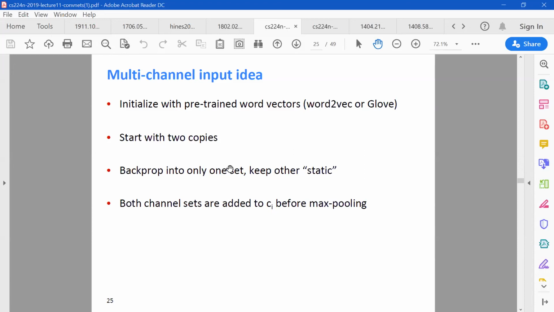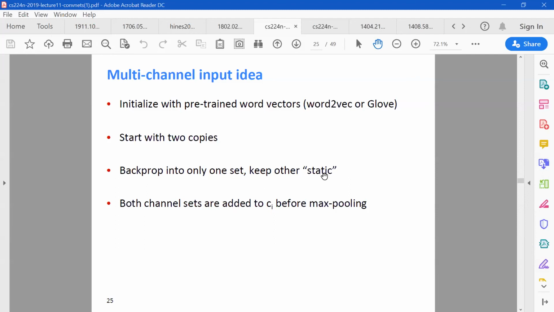He allows those to be part of the parameters that are being solved for. I don't quite understand the strategy or why that works or what the point of that is. Both channel sets are added to C before max pooling. So I don't understand that part.